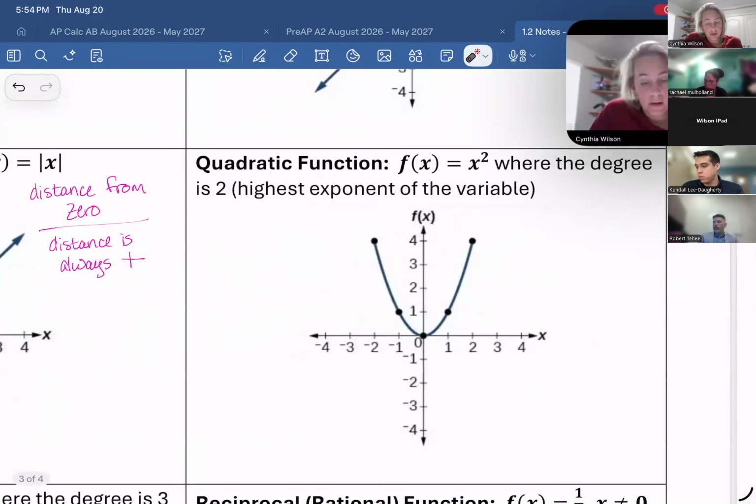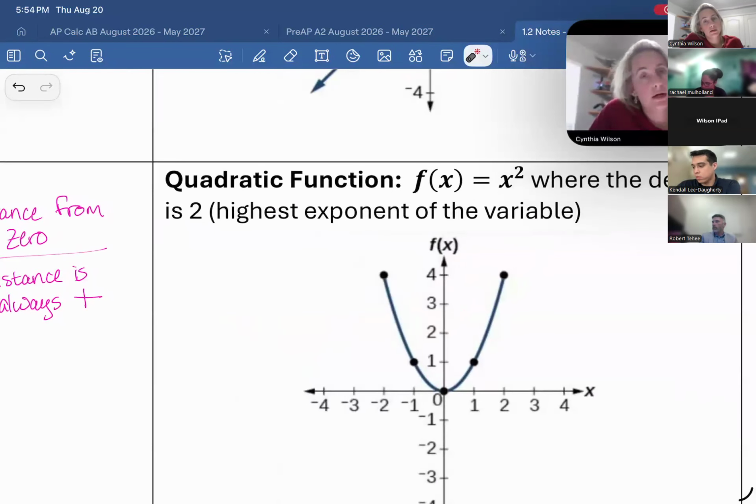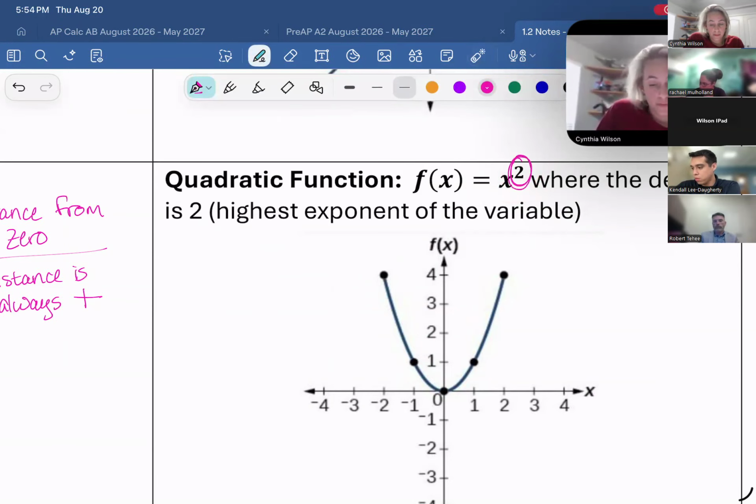Fourth one, this is called a quadratic. Okay, and you know a function is quadratic because its highest exponent would be a 2. It's called a quadratic because when you say an x with the exponent 2, we say it's squared, and a square has 4 sides.